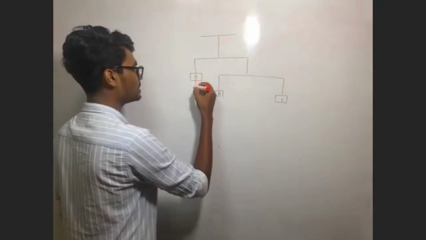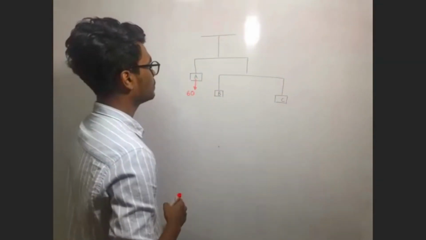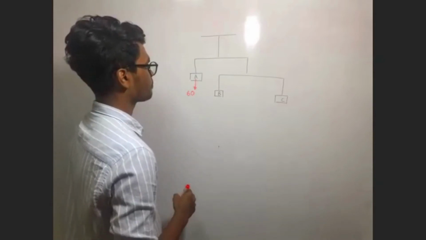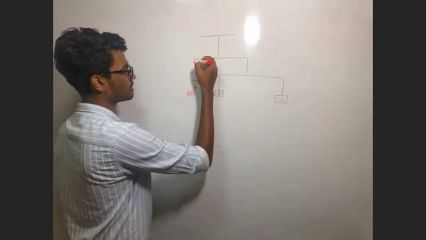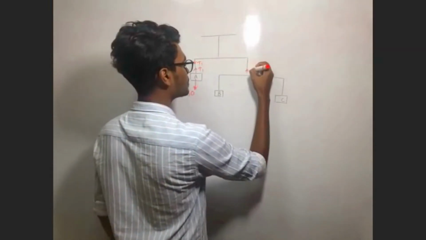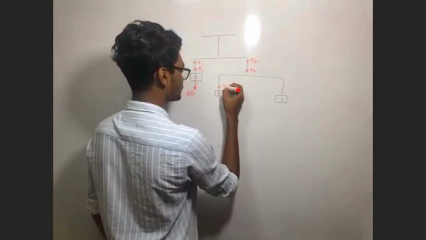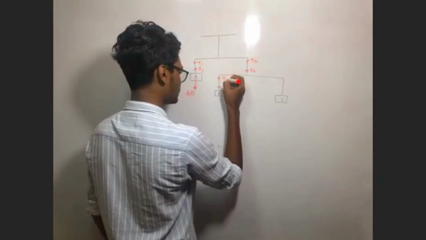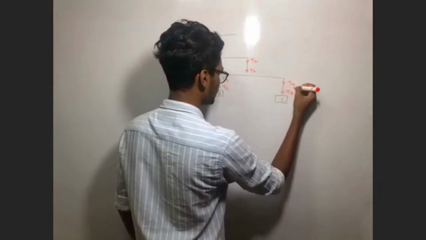Six kilogram means 60 newtons. So this is T1, T1, T2, T2, T3, T3, T4, T4.